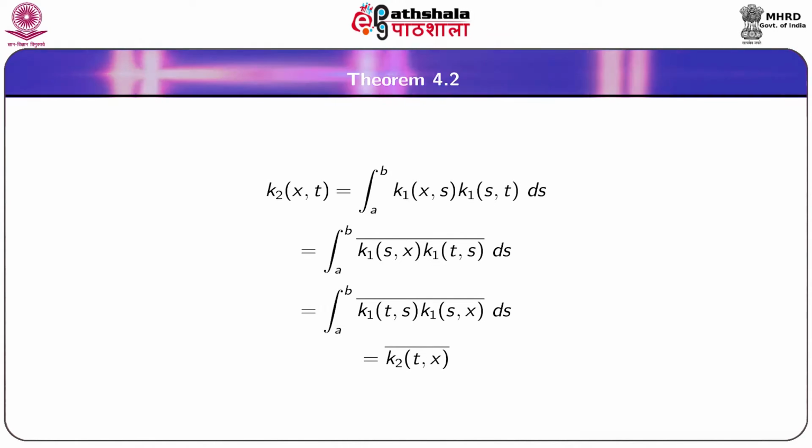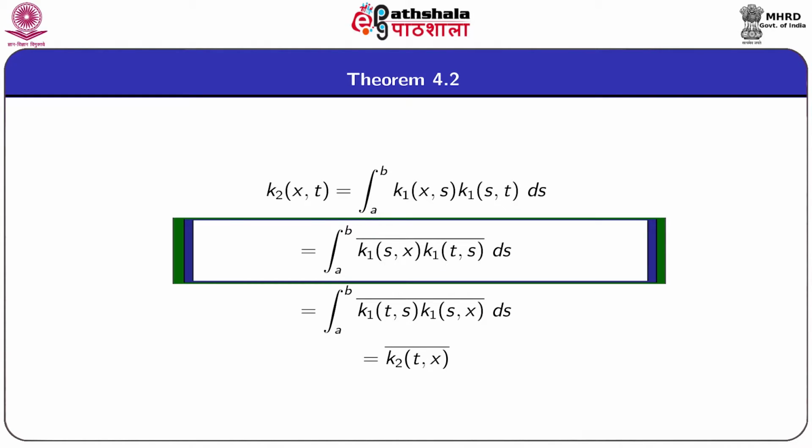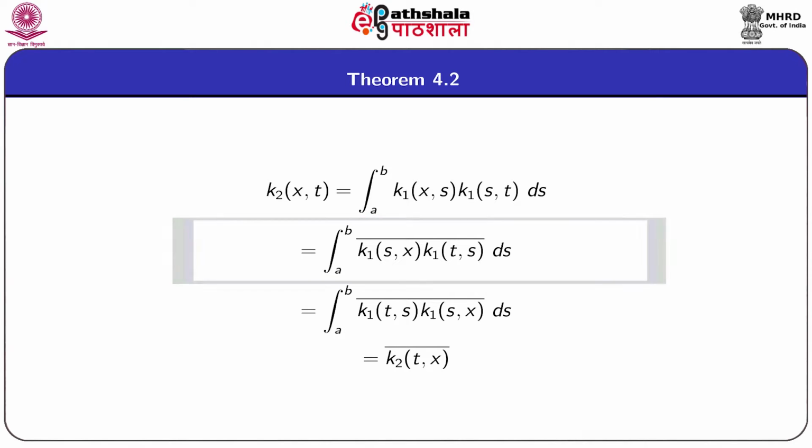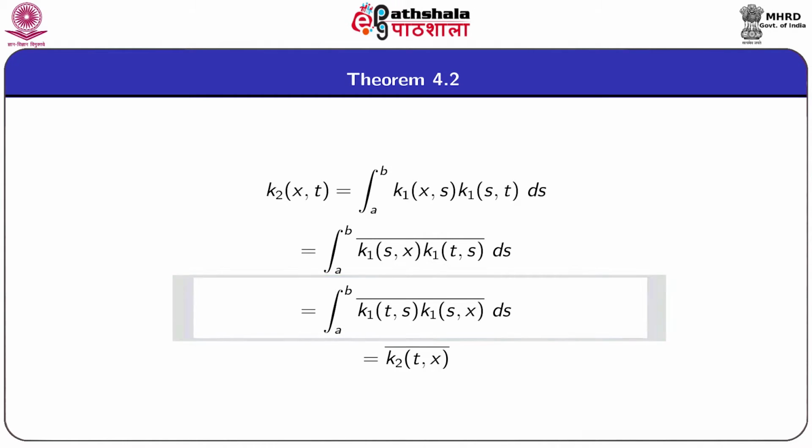Now, since the first iterated kernel is symmetric, we can write this integral as integral from a to b K1 bar s x into K1 bar t s ds, which can be written as integral from a to b K1 t s into K1 bar s x ds, which is equal to K2 bar t x. So, this shows that the second iterated kernel is also a symmetric kernel. This is based on the fact that the first iterated kernel, that is the original kernel, is symmetric.